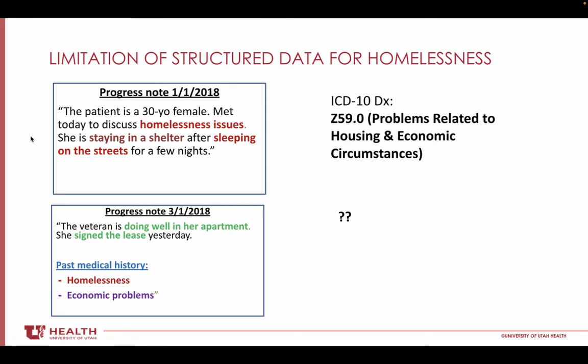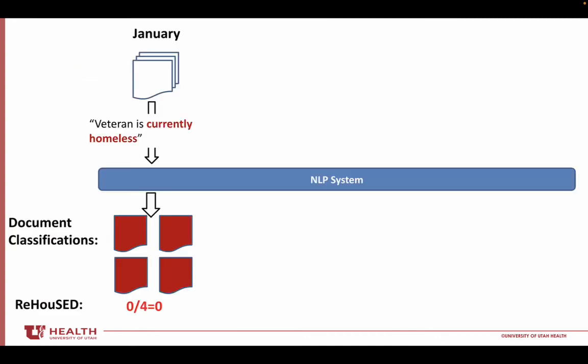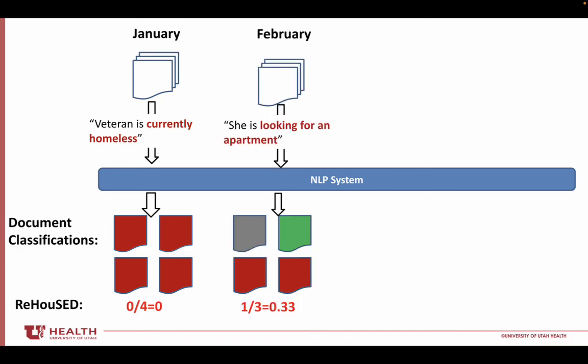What I've been working on with Dr. Nelson, and what will be the topic of my thesis, is using NLP to look at housing instability over time. Because homelessness is a longitudinal condition, we're trying to quantify how it changes over time and deal with some of the biases that occur in the text when looking at longitudinal data. Roughly, the way this works is we might look over the period of January and see that they have notes saying they're currently homeless.